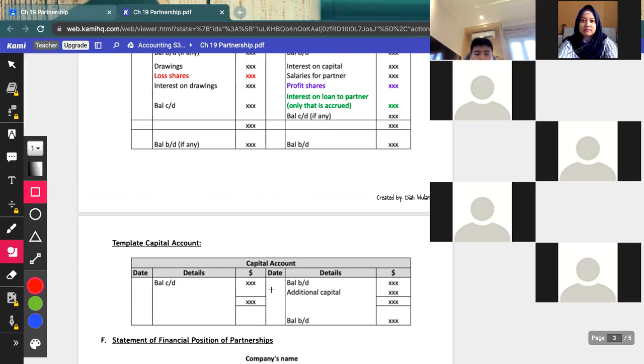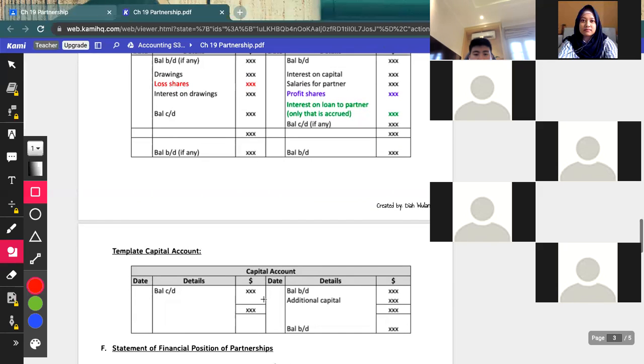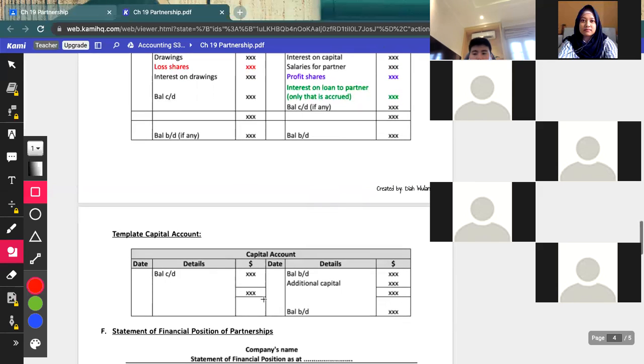There will be no effect from drawings and profits. This is different from the capital account in a sole trader, where drawings and profit go inside the capital account, but for partnership it cannot. When you put them there, you cannot calculate interest on capital anymore because you don't have the amount of capital invested purely.